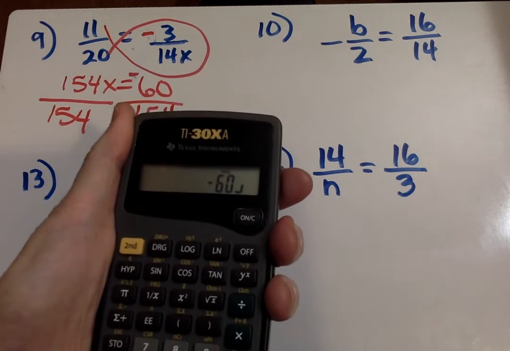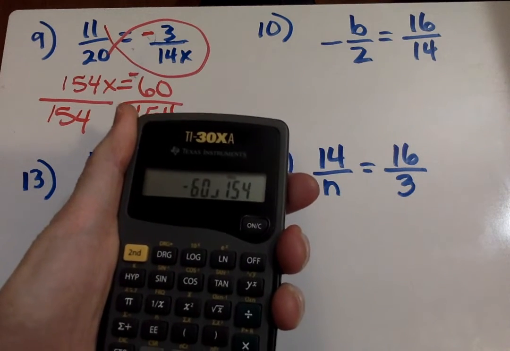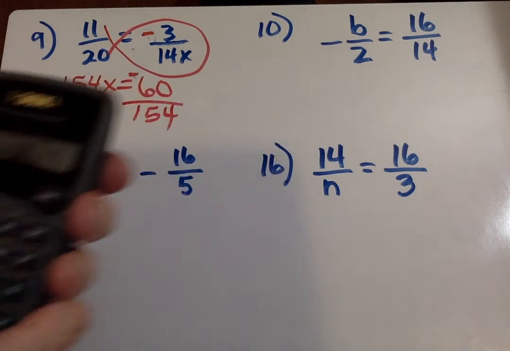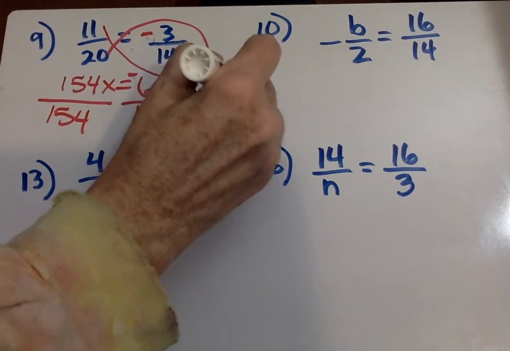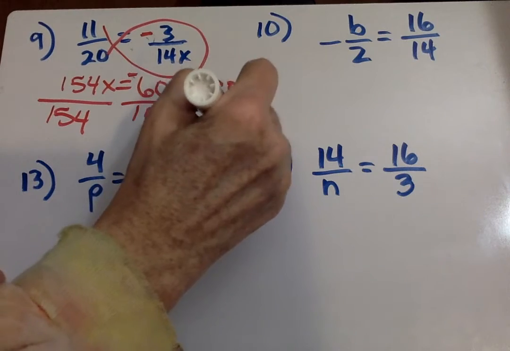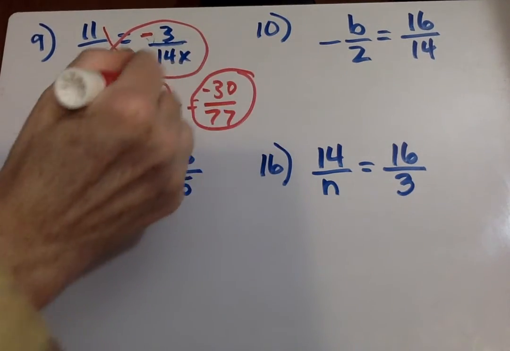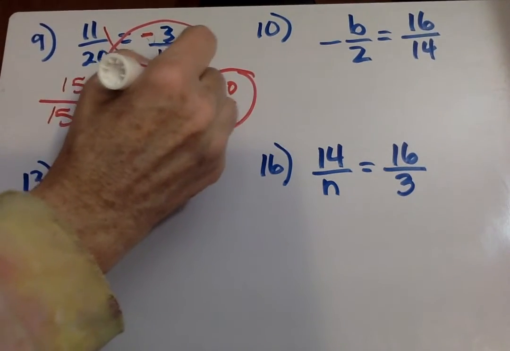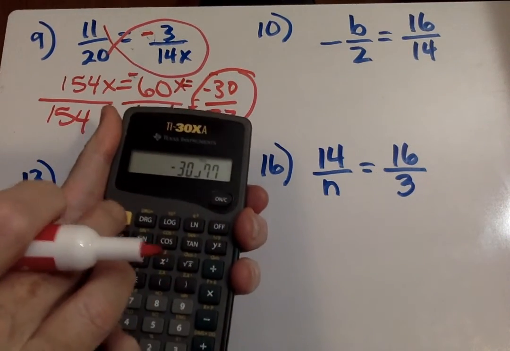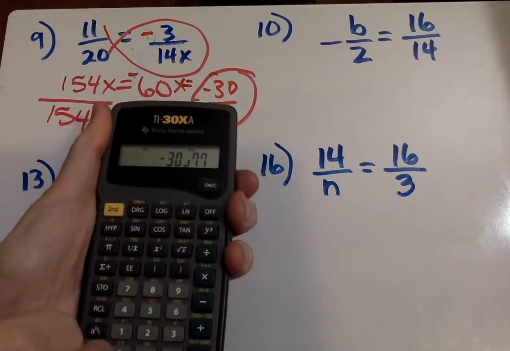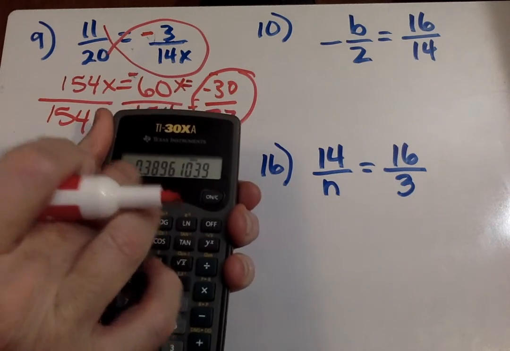I'm going to put it over 154. Negative 30 over 77. And that's what x equals. And we should probably practice rounding to the nearest hundredth. So I go second, fraction to decimal.